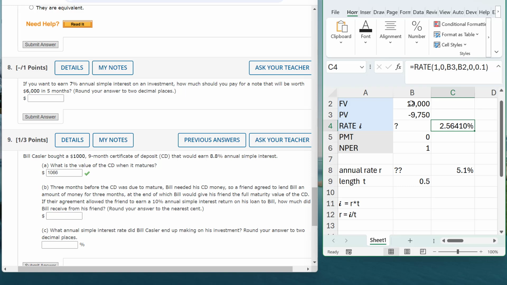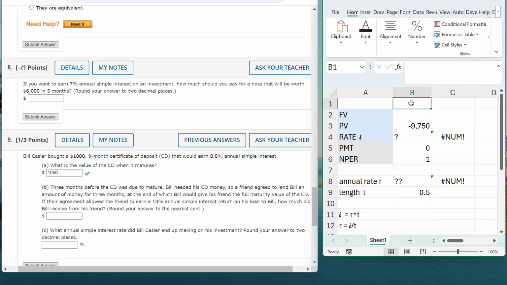Let's look at number 8. If you want to earn 7% annual simple interest, so annual rate 7%, how much should you pay for a note that will be worth $6,000?